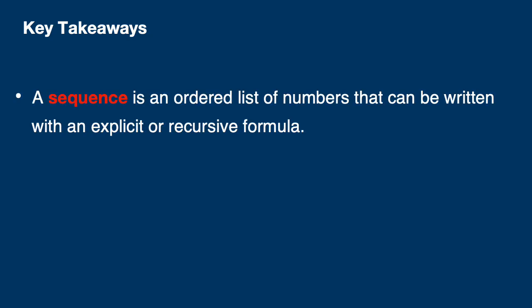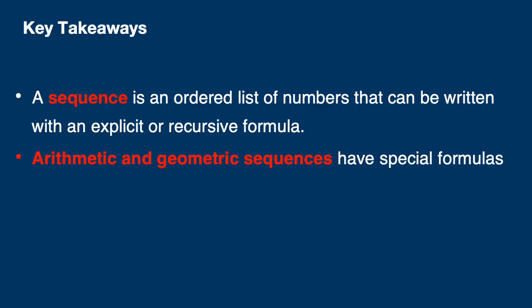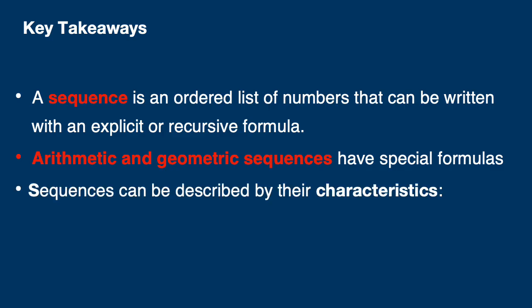Let's wrap up today's lecture, guys. A sequence is an orderly list of numbers. We can describe it either with an explicit formula or a recursive formula. Some special sequences like arithmetic and geometric sequences come with formulas that make it easy to find any term. We also talked about characteristics of a sequence, okay?